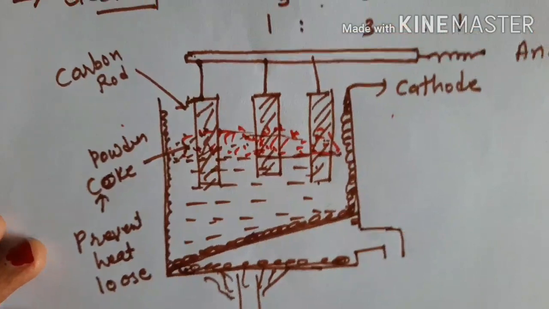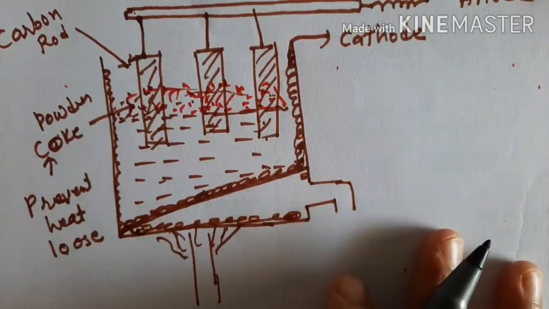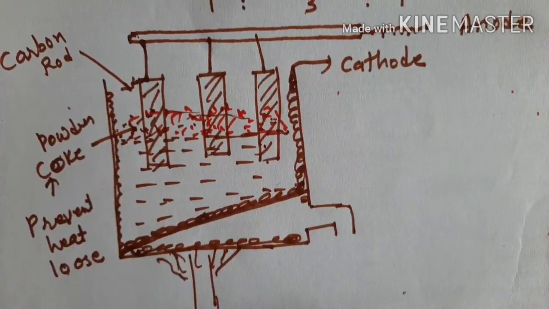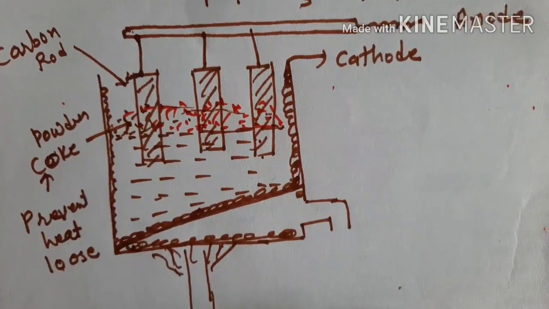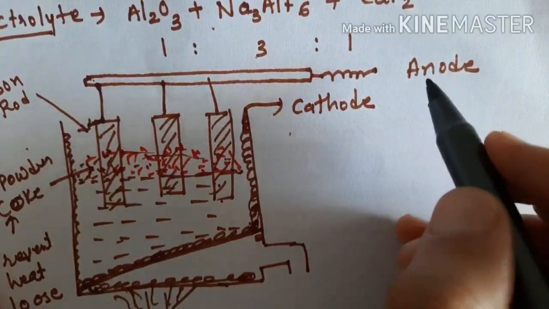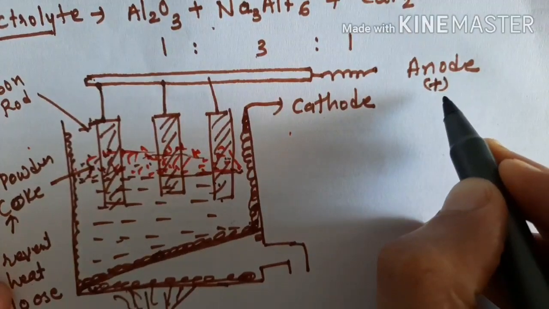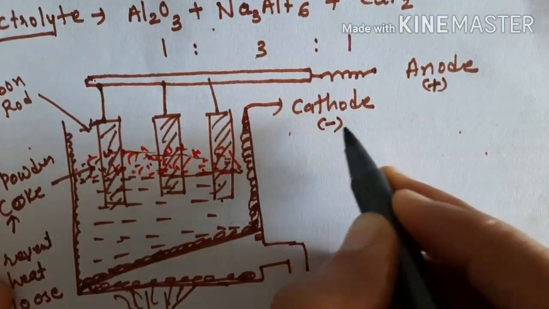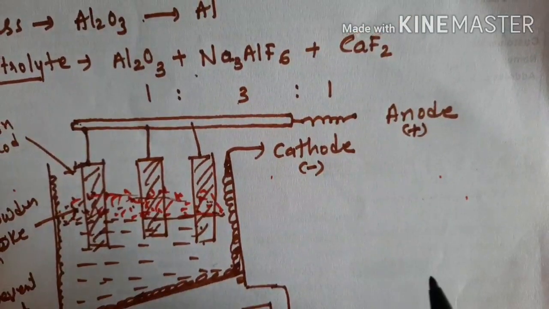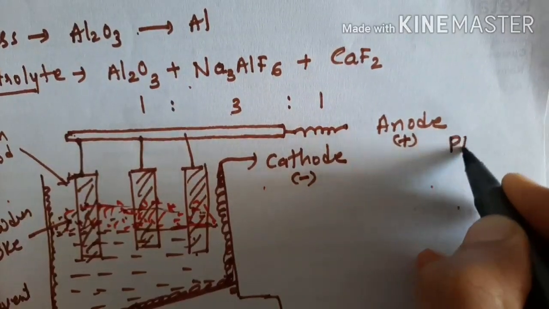Remember, student, a few things you need to remember always. It is useful for your electrolytic chemistry chapter also. The anode always has a positive charge and the cathode has a negative charge. If you can't remember, write anode and positive, so Pa.